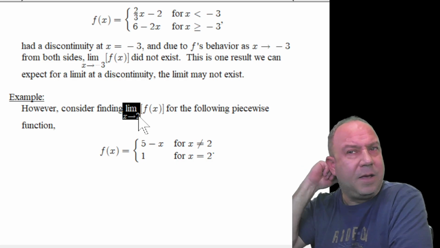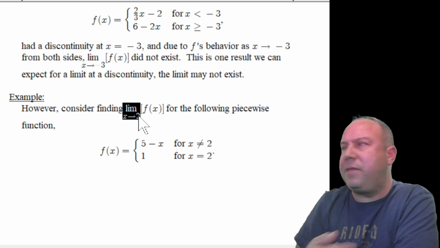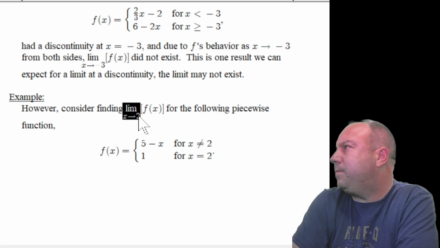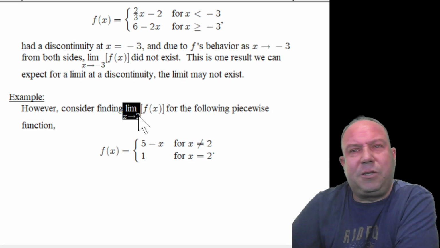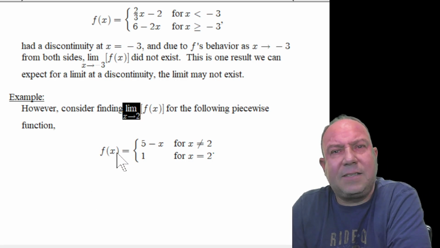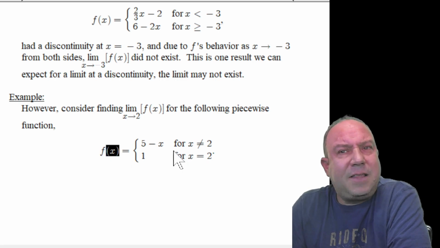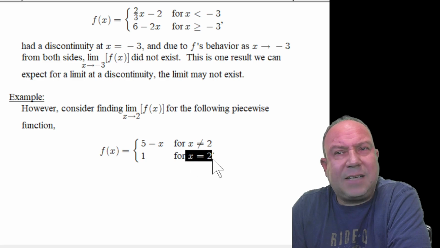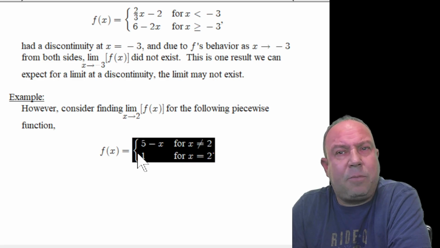All right? Now, if we try the substitution method here, if we just substitute 2 into the function for x, the conditions set on this piecewise function say that when x is 2, the output is 1.